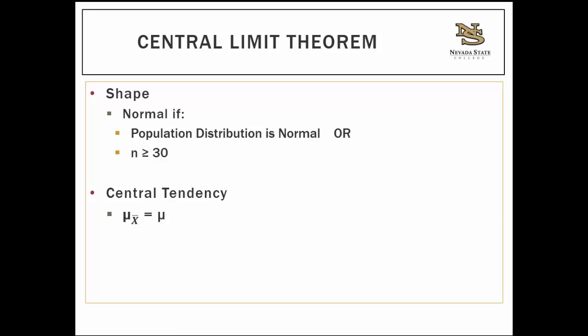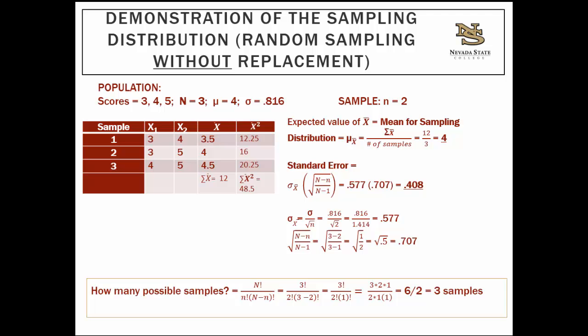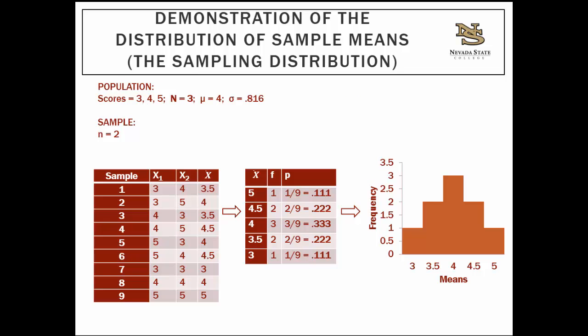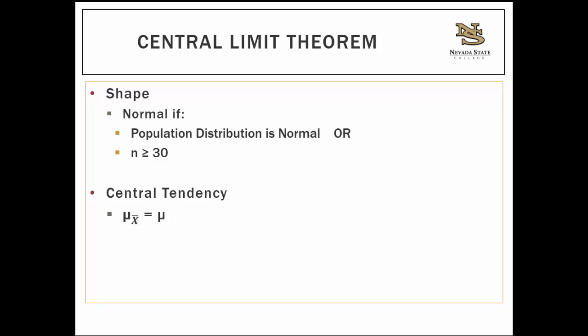Now let's get to central limit theorem, which is the magical concept that makes doing all this stuff pretty much unnecessary. So the central limit theorem makes it possible to understand the characteristics of the distribution of sample means, or the sampling distribution, without taking hundreds or thousands of samples, which you would need to do with realistically large populations and large sample sizes.